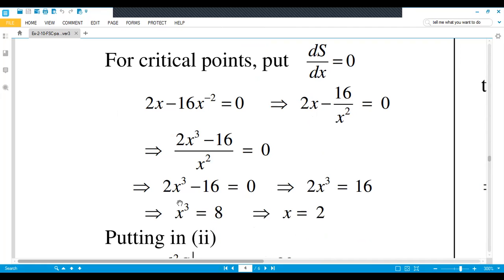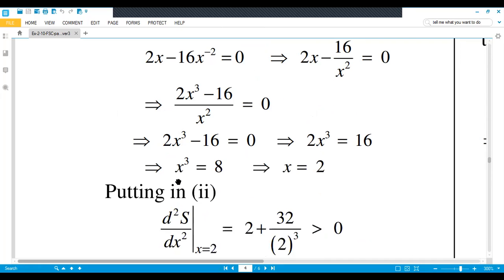Divide both sides by 2. So you get x cube equal to 8, with 16 shifted to this side. When you take the cube root on both sides, x is equal to 2.